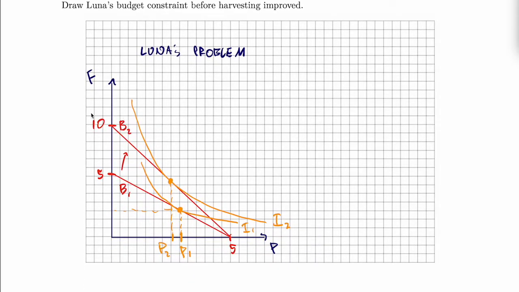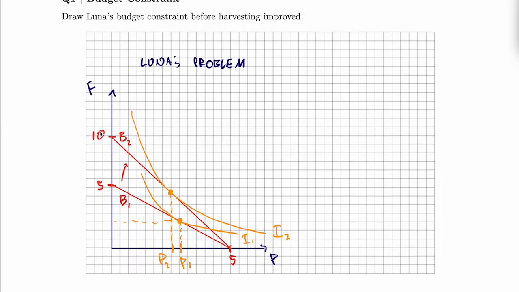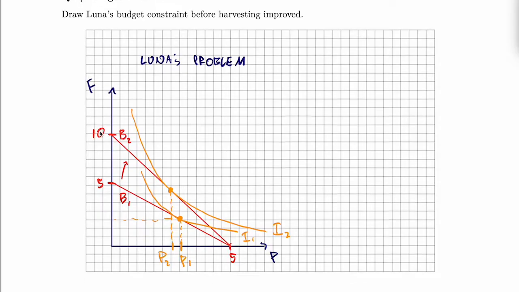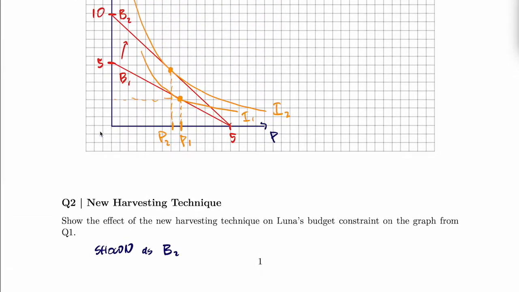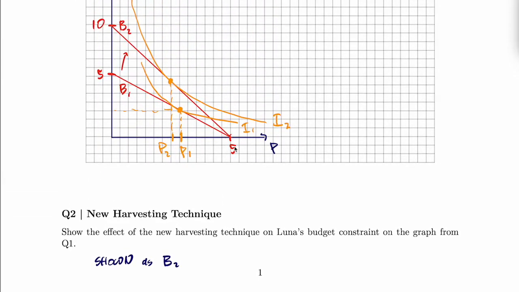So the vertical intercept now goes from 5, because it's 10 divided by 2, to 10, which is 10 divided by 1, the new price. And then we just connect this to the original horizontal intercept, which hasn't changed.